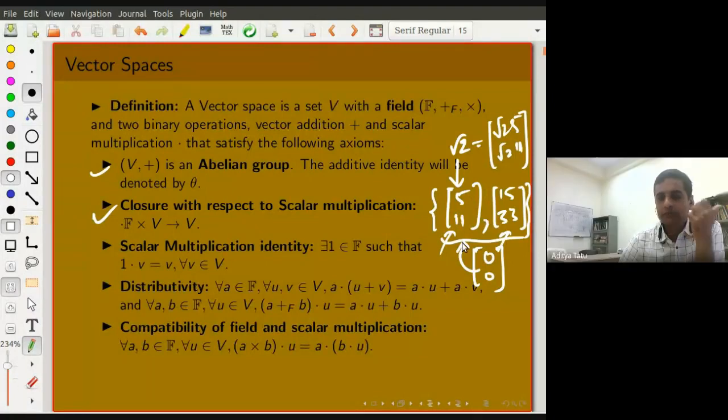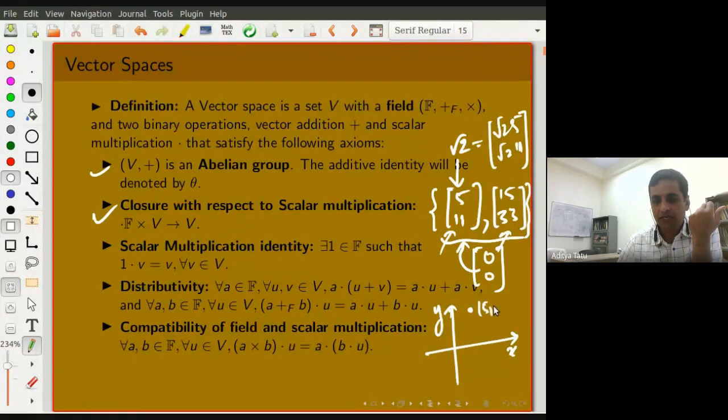All right, so what else can happen? If I were to represent this element on R2, with X and Y axes, this is your (5, 11).